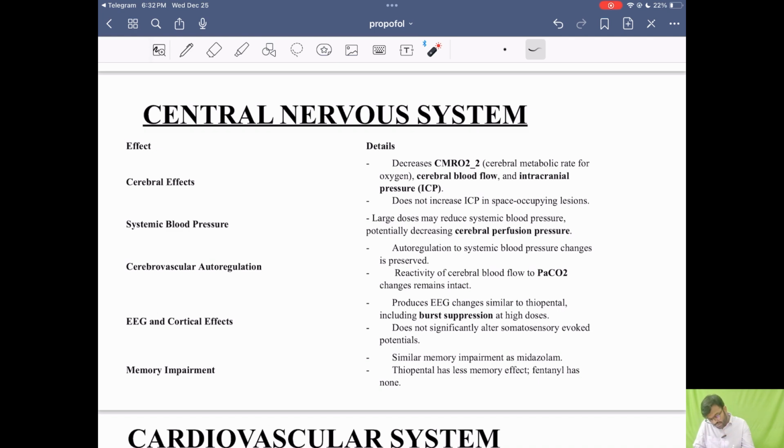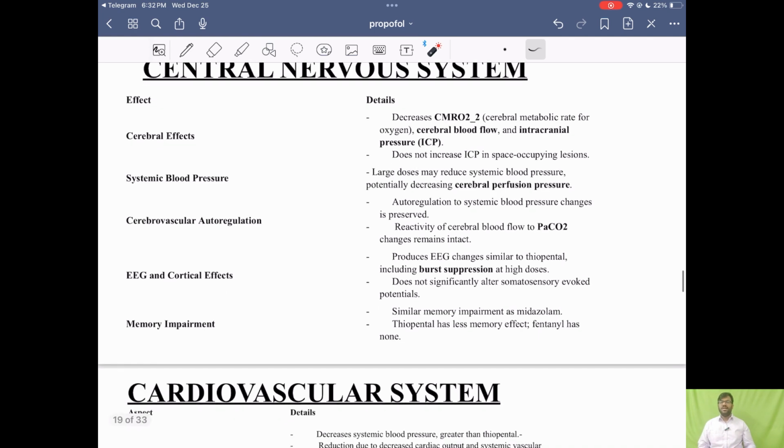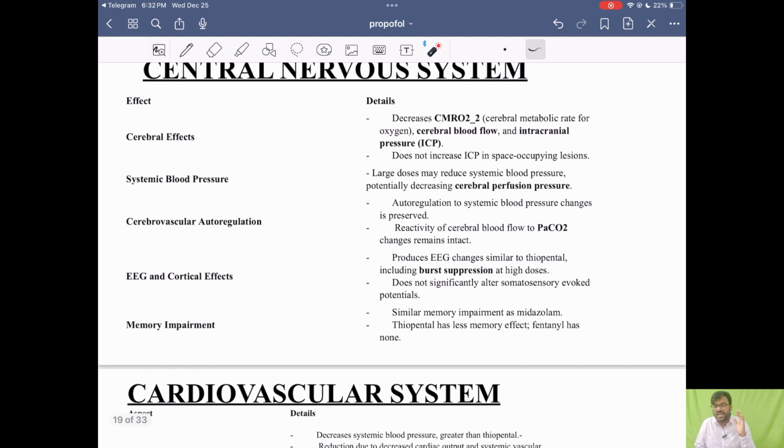Okay, and you know when you have the anesthetic effect in EEG, first there's beta, then alpha, then theta, and all those steps in the anesthesia. As you go deeper, there's burst suppression, and then there is a total isoelectric flatline. So these are the stages of anesthesia which are seen in EEG.